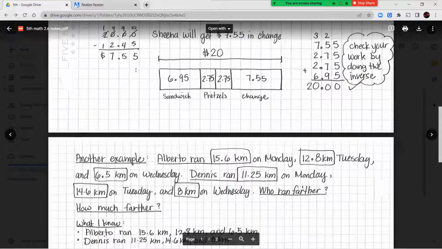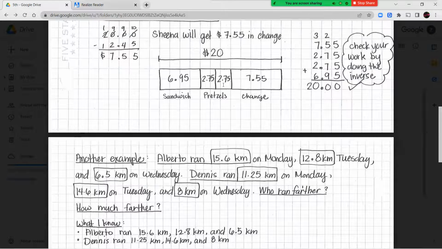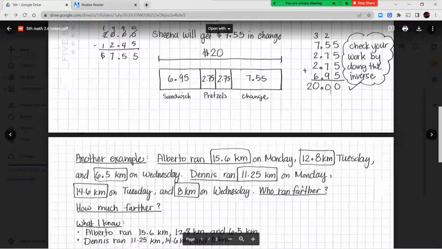So I stacked and subtracted, and I found that my difference was $7.55 in change. Now I checked my work by doing the inverse operation, and I added all of those parts back together. The $7.55 in change, plus the $2.75 for the first pretzel, the $2.75 for the second pretzel, and the $6.95 for the sandwich did in fact give me a total of $20.